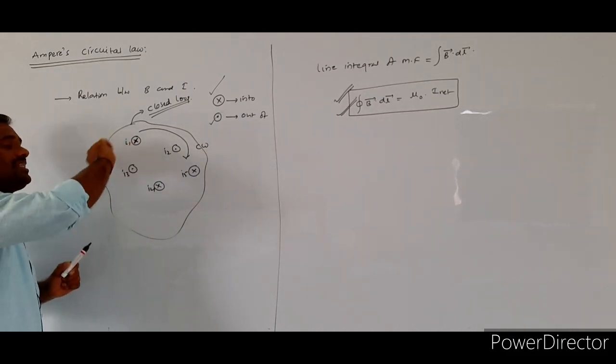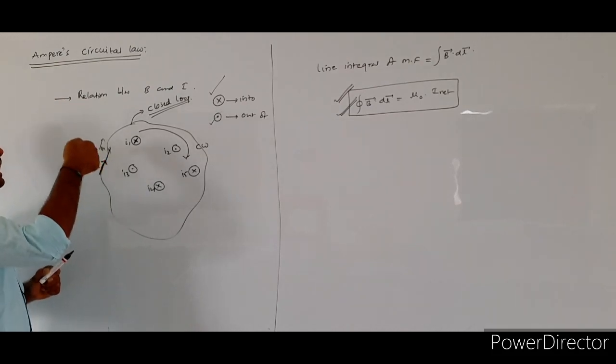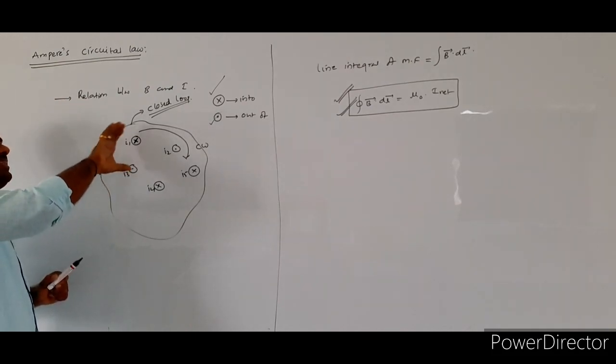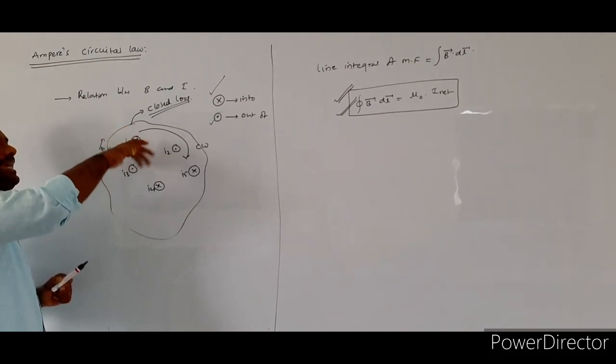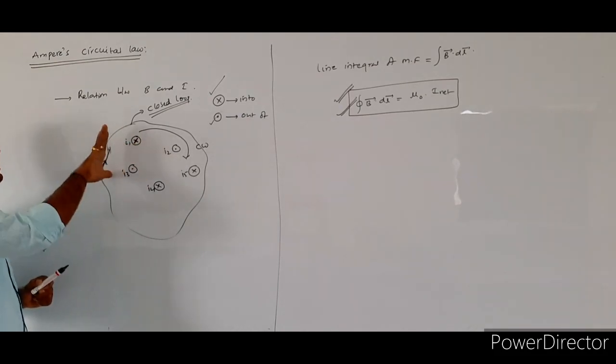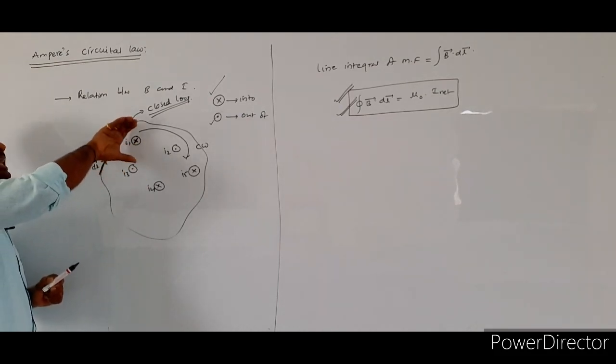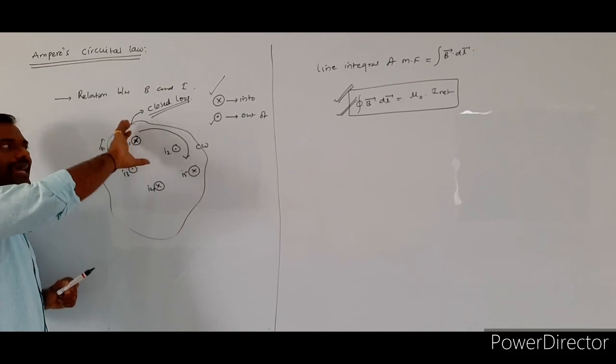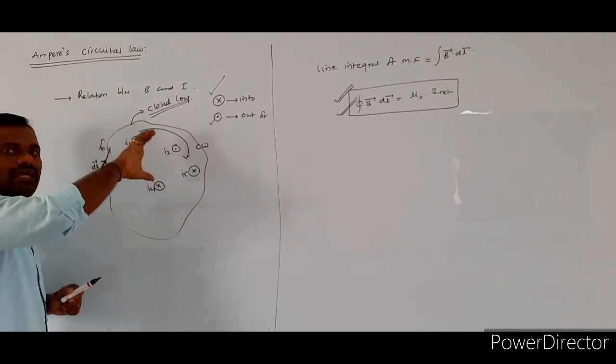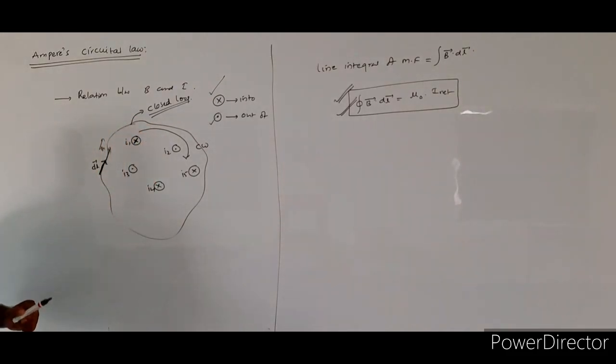Whatever the direction I assumed in the given diagram, this closing path will be taken in the clockwise direction. That means the fingers will be curled in which direction? Clockwise direction.